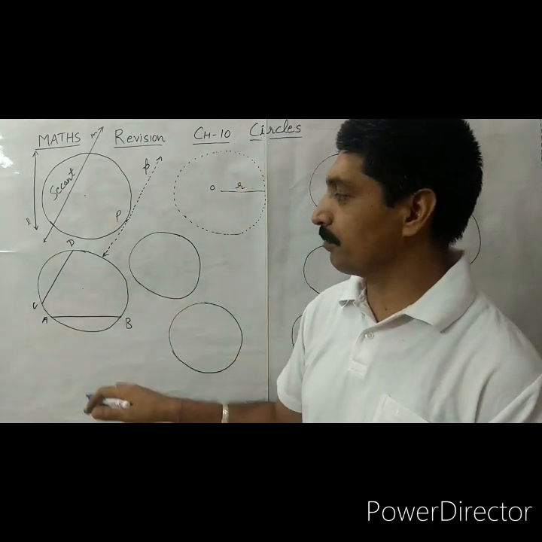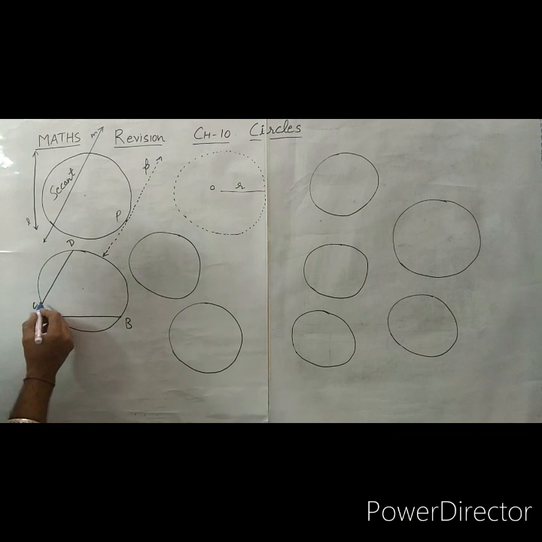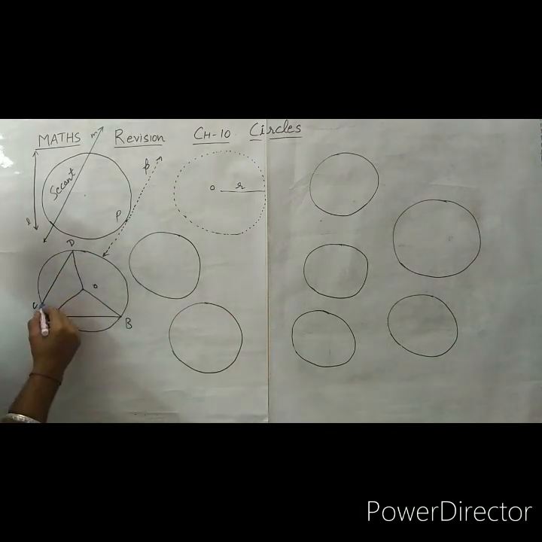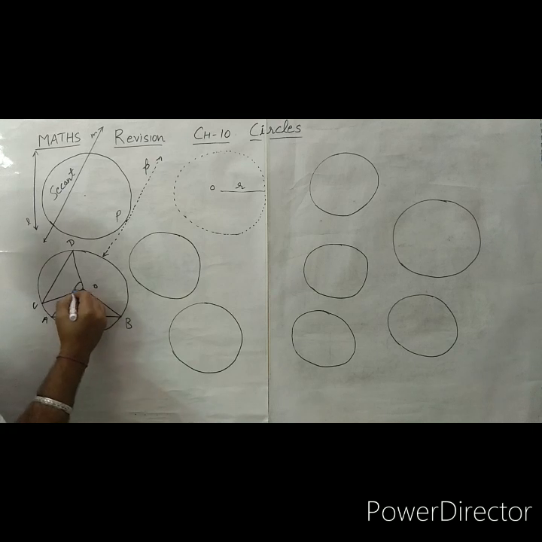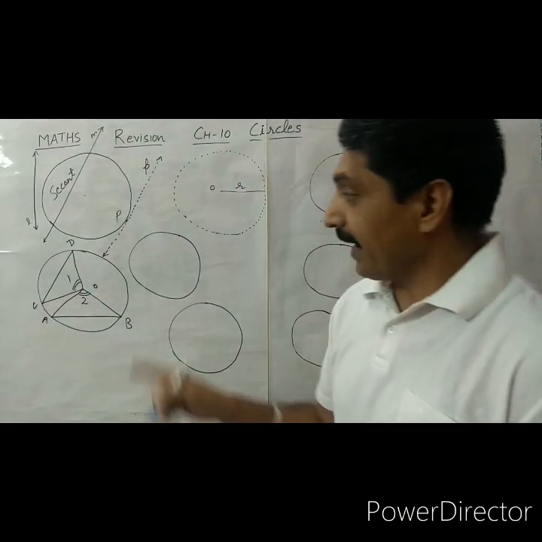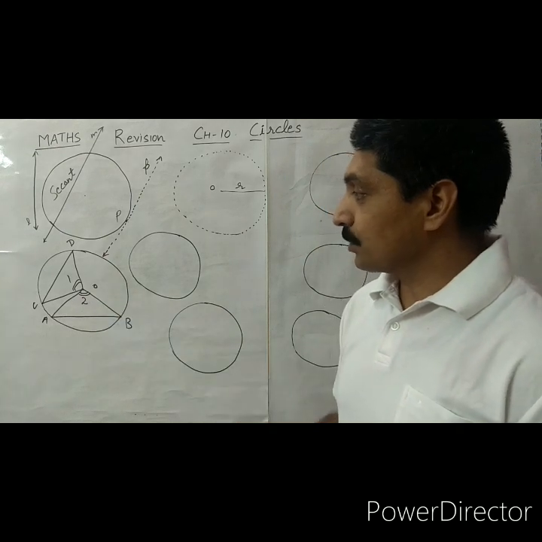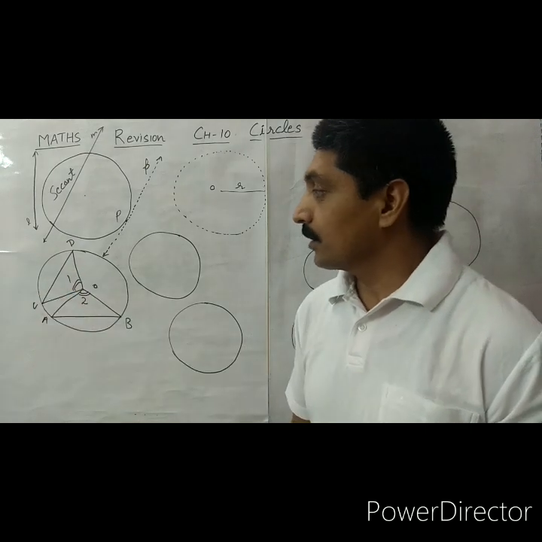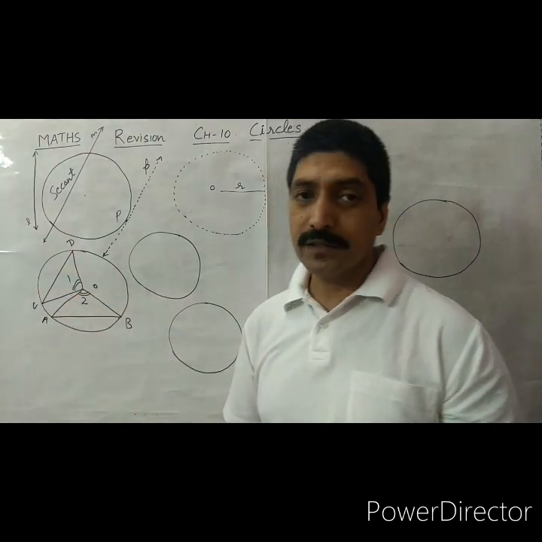This is a very important property: here OA, OB, OD and OC, angle 1 is equal to angle 2. Its converse: if the angles subtended by two chords at the center are equal, then the chords are of equal length.